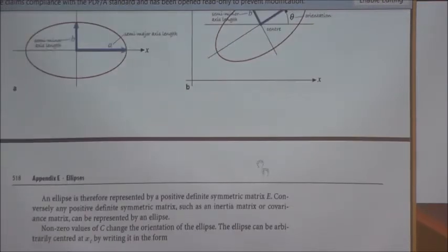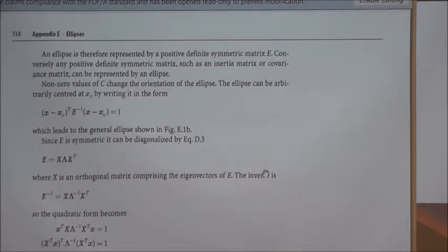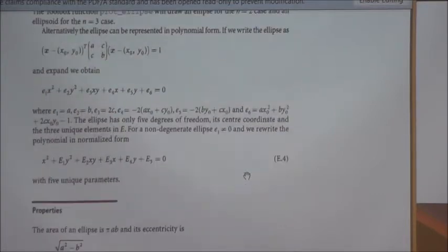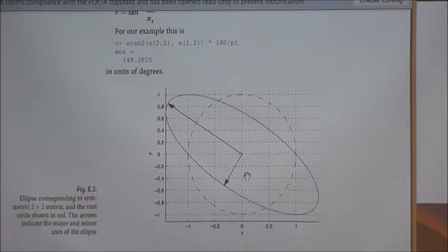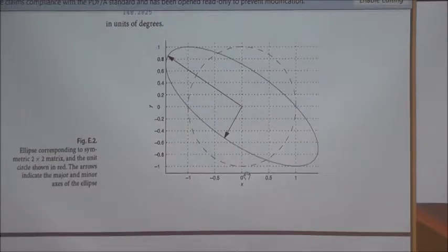It's not such a big mistake. So this is part of what is in this appendix. An ellipse corresponding to a symmetric 2 by 2 matrix, and the unit circle shown here.